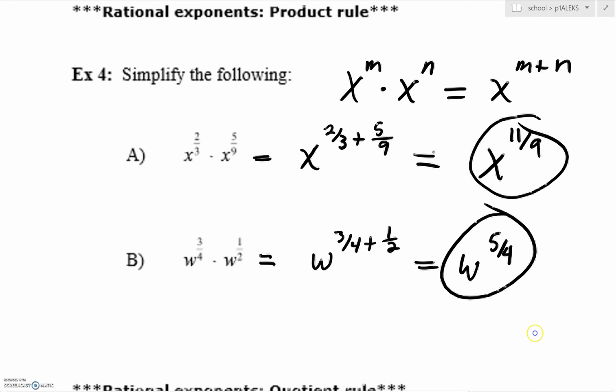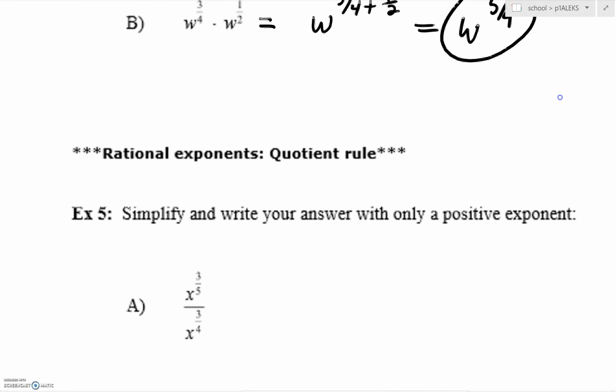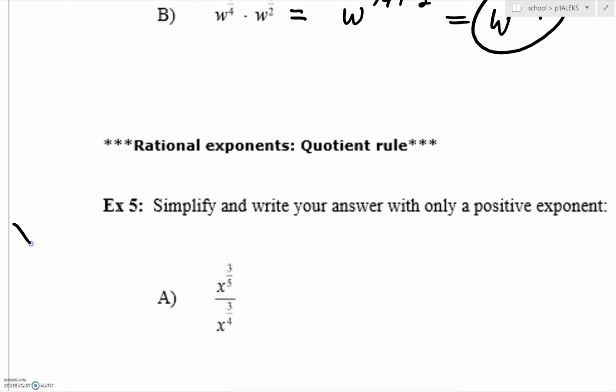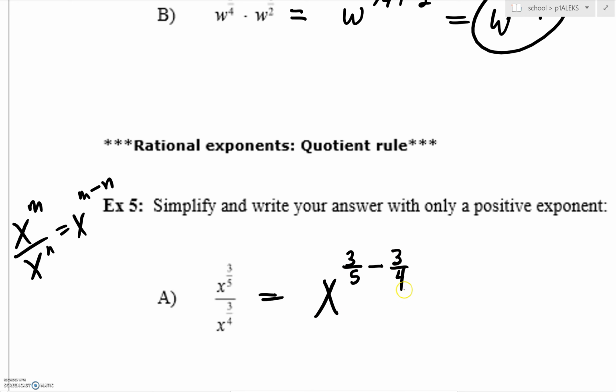All right. Well, the quotient rule. If I gave you x to the m divided by x to the n, hopefully you remember what we did there. This is where we subtract m minus n. So this is x to the 3/5 minus 3/4.